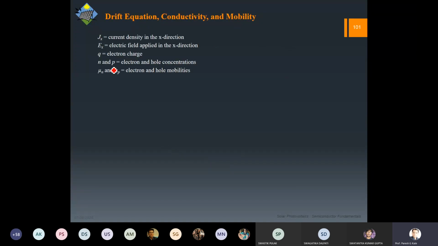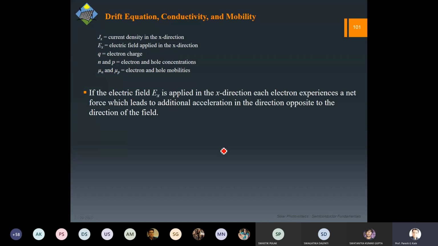Okay. Now, let us talk about the drift equation and everything which is connected over here. The usual meanings you can see: n, p, then mobilities, electric field and electron charge. So now let us say we are applying some electric field in the direction x, so that's why we are calling it Ex. Then these atoms will have some momentum, and obviously they will experience some force, and that is what is driving the electrons.